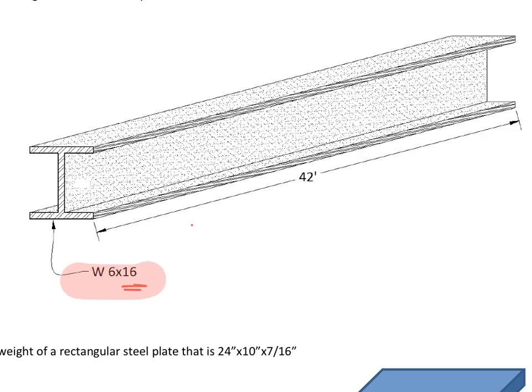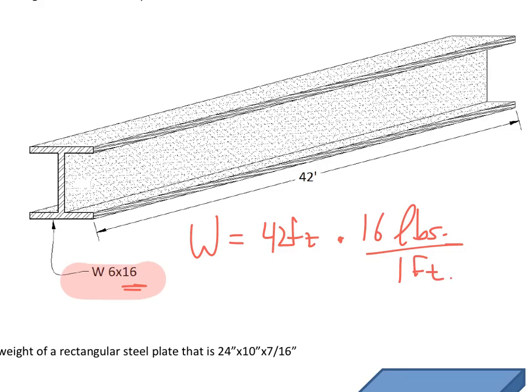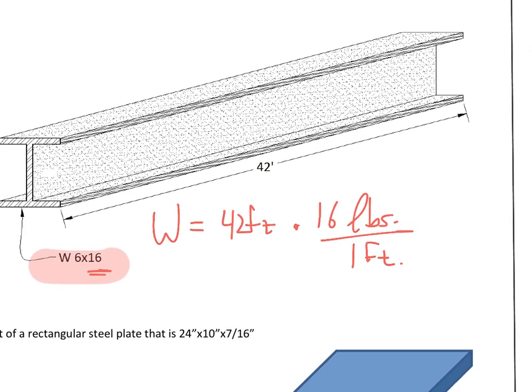So the weight is going to be 42 feet, and then we're going to multiply that by 16 pounds per 1 foot. And I'm writing out dimensional analysis here. You don't necessarily need to do that. It's really just 42 times 16, but this helps us to realize that we multiplied it right.